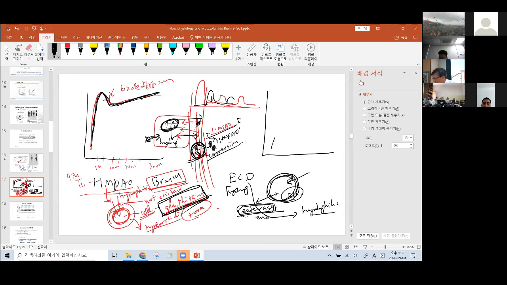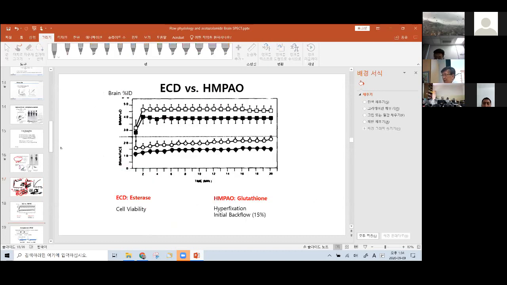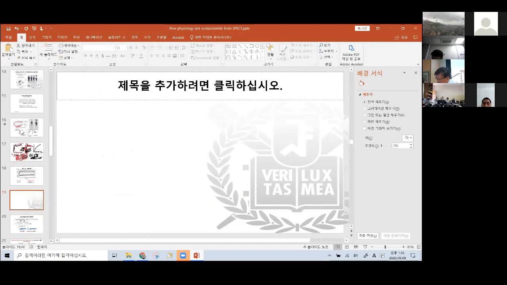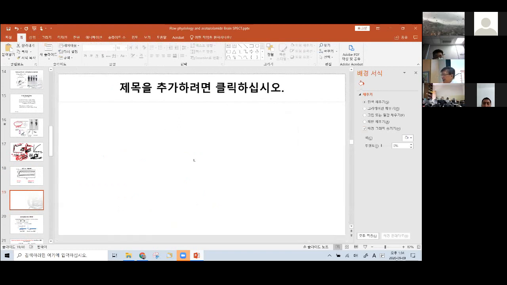So, 10 to 13. So if you inject Diamox here, 20 years ago our Japanese colleagues did a test study using cerebral blood flow measurement.